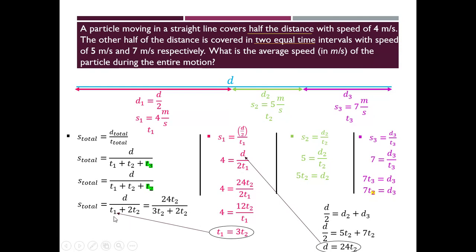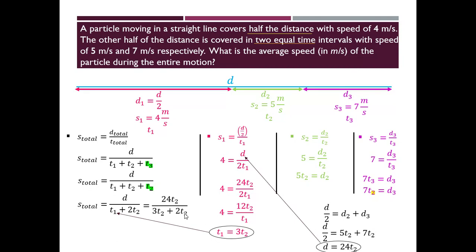Well, what's T1? I don't know, but I just solved for it down here. I can say T1 is 3T2. So hence, instead of saying T1, I wrote T1 as 3T2 right here, where my cursor is. And the 2T2 remains. At this point, hopefully you're catching on. You have a T2 on top, and both these terms on the bottom have a T2, so you have a common variable.